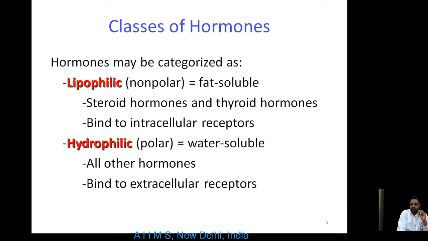So where will they act? Because steroid hormones are lipophilic, they can easily diffuse through the cell membrane. These hormones have a receptor either in the cytoplasm or in the nucleus. Steroid hormones generally have a receptor in the cytoplasm, whereas thyroid hormones have it in the nucleus.